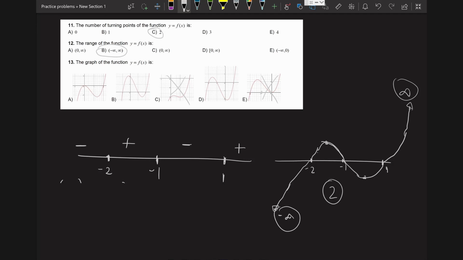This one's wrong too. It has a 0 at 0 and 2, so that's not the right 0. Yeah, and actually they're all kind of wrong. So it's negative 2 to negative 1, we know that it's below 0, above 0, below 0 again, and then above 0. It's the one that resembles the graph that we drew, so the answer is D.